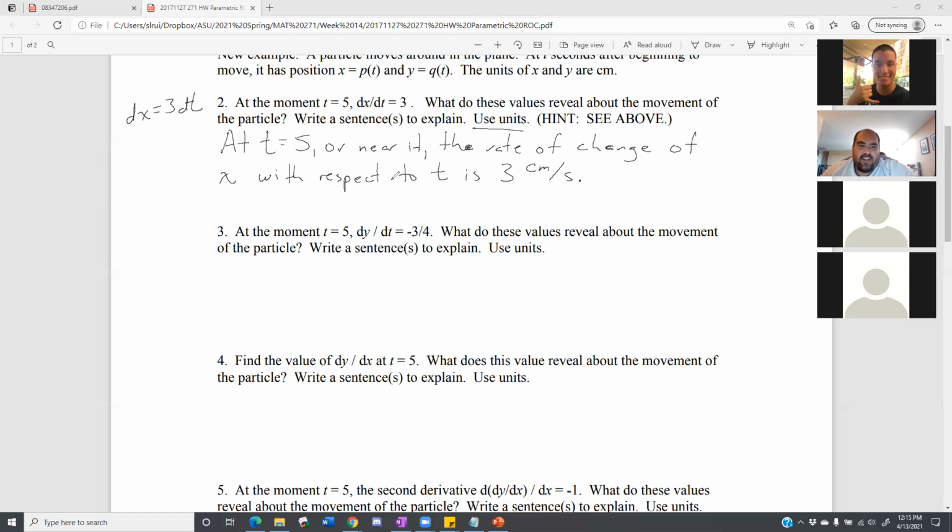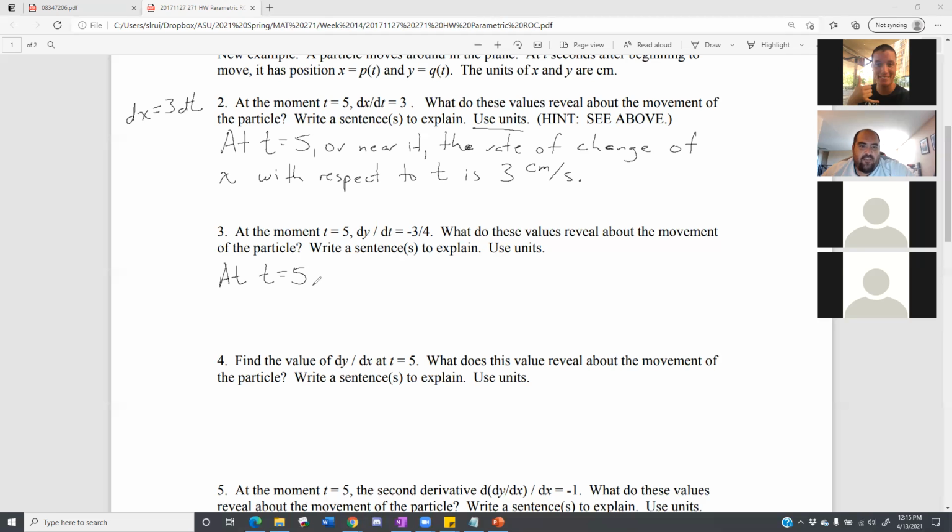We said the rate of change of x with respect to t. What does x represent? Depending on how you want to label the axes, either the horizontal or vertical displacement. Yeah, so we'll stick with convention. We'll call x horizontal and y vertical.